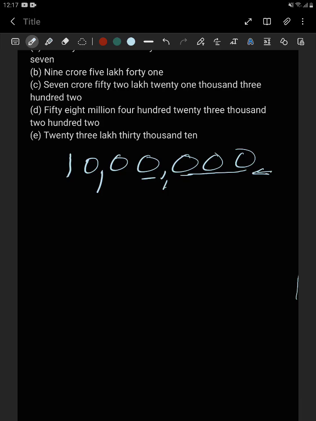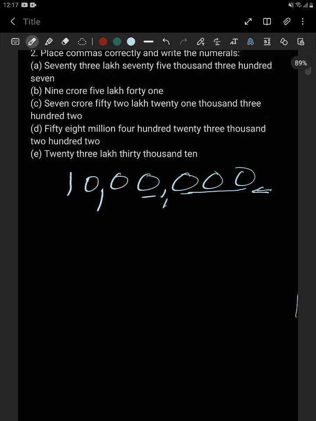Okay, so the first question, question A, is 73 lakhs 75,307.